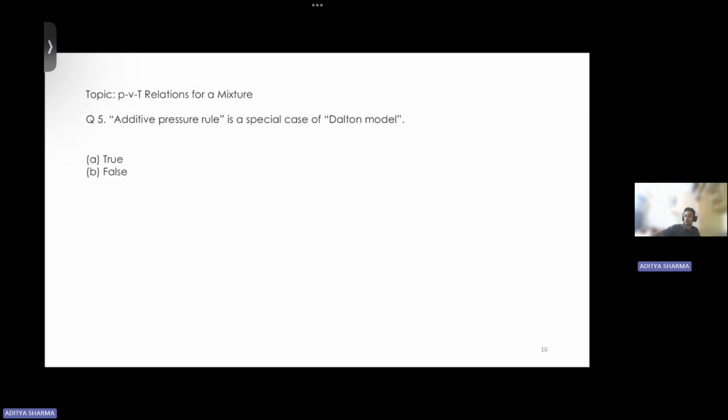The addition of the partial pressures of all the components of a mixture leads to the total pressure of the mixture. Okay. So now we can try to answer whether the statement is correct or not.